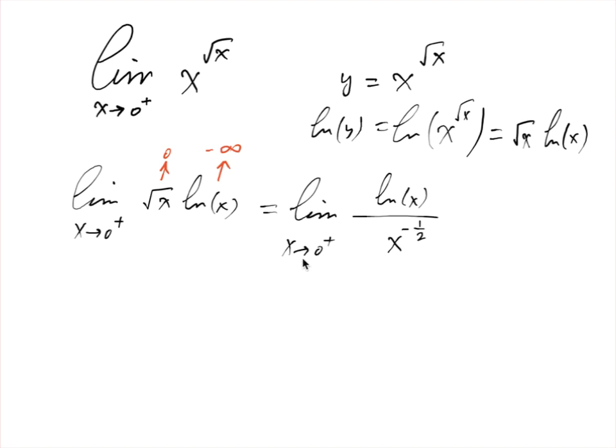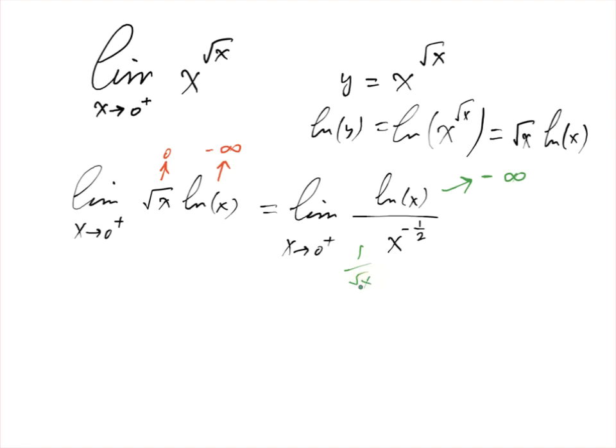Now, as x tends to 0 from the right, the numerator turns to negative infinity. So again, remember the graph of ln. So that's negative infinity. And then in the denominator, this is 1 over square root of x.